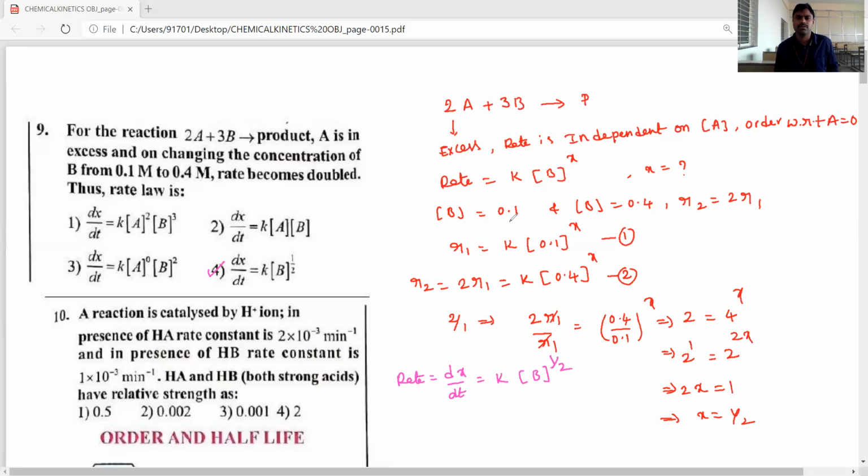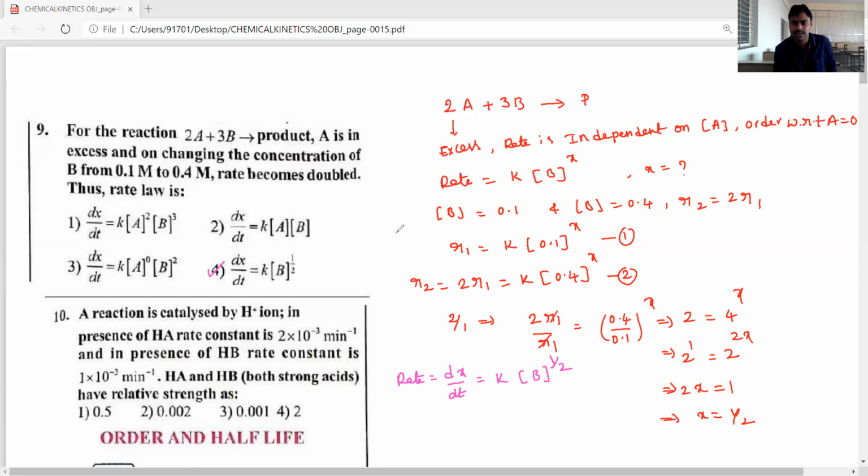So in the given question, what do we have to find out? The rate expression. Two reactants are present, A and B, but the concentration of A is in excess, which means the order with respect to A is 0, because when an excess of reactant is present, the rate is independent of that concentration. Then the order of the reaction depends on the concentration of B only. B concentration changes from 0.1 to 0.4, and the rate becomes double.